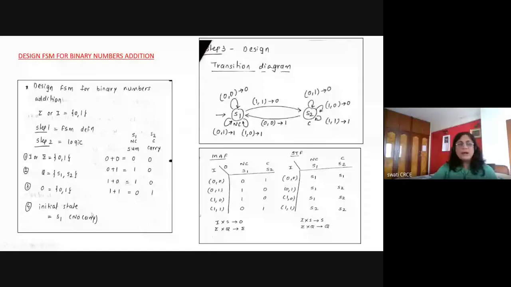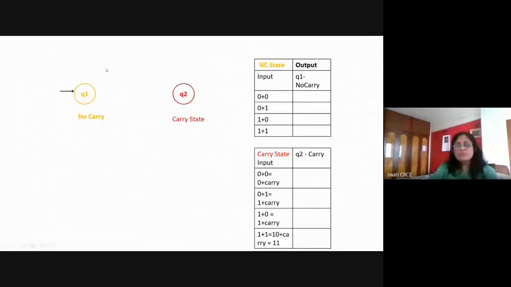Now I can also identify the initial state. I'm going to draw this diagram by assuming that my initial state is the no carry state. We'll see how this design is done with the help of animation. Whenever you are drawing the diagram, you first draw the states, no carry state and carry state, like this, and you write down that this means no carry and this means carry state.